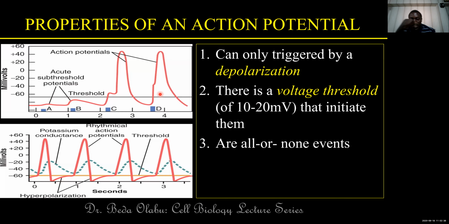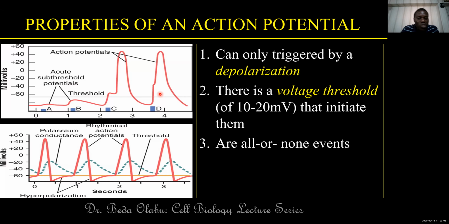The third property is that action potentials are all or none events. What that means is that you either have an action potential in totality or it doesn't occur at all. You cannot have a weak action potential.